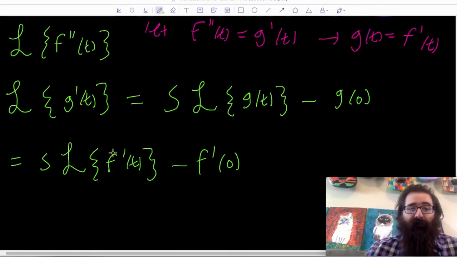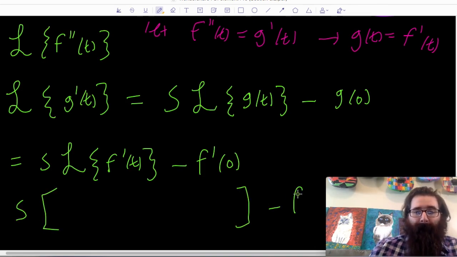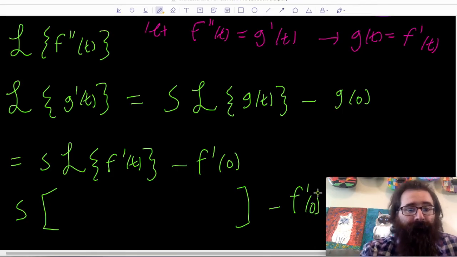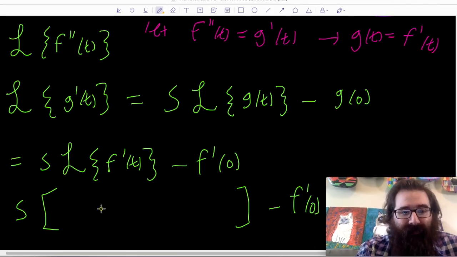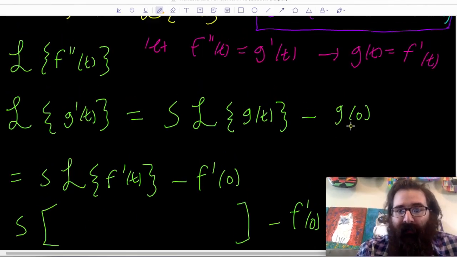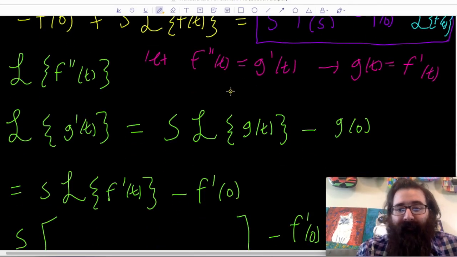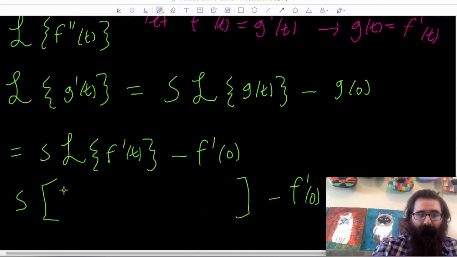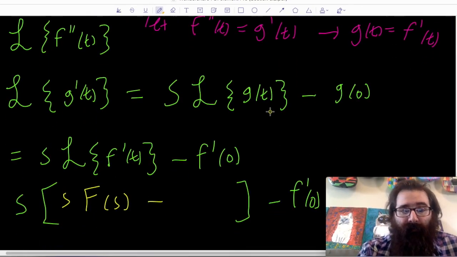We showed that earlier, so now I can just use that result. So I get s times, and I'll make some parentheses here, minus f prime at 0. Inside my parentheses, that's s times the Laplace transformation of f prime at t, which I can now substitute here. That's s times big F at s minus little f at 0.